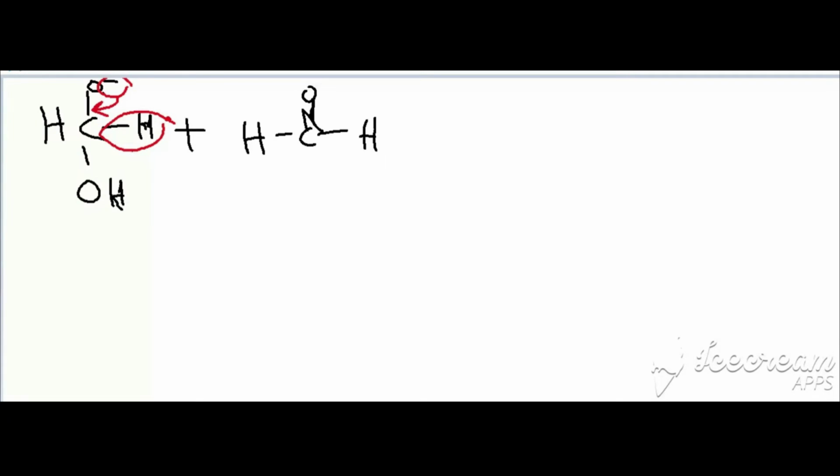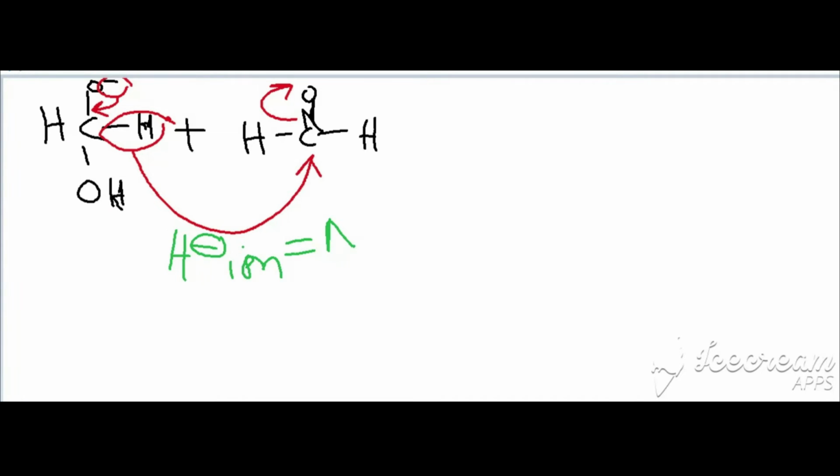Carbon cannot make five bonds. That hydride is transferred to carbon, and the bond is shifted to the oxygen atom. The negative charge will form a double bond. That hydride is attacking as a nucleophile on the partial positive carbon, then oxygen will have a negative charge.